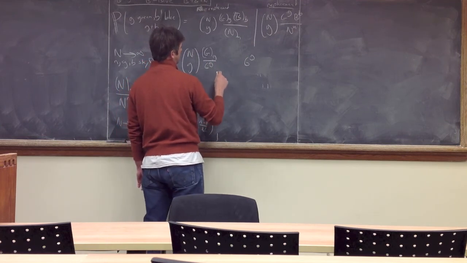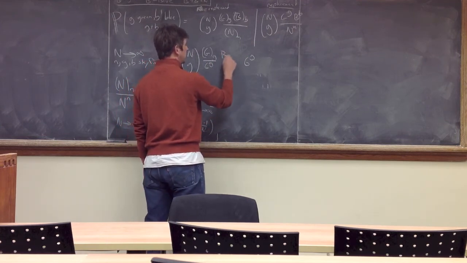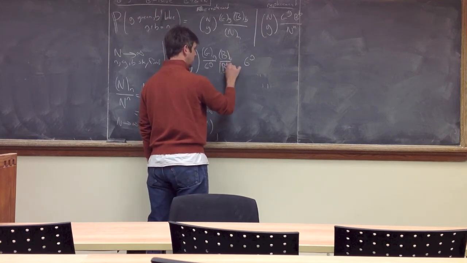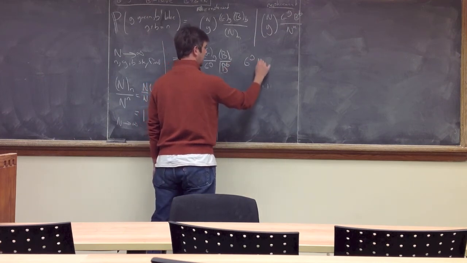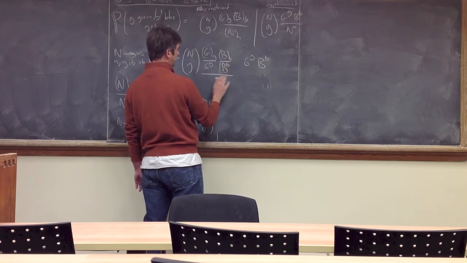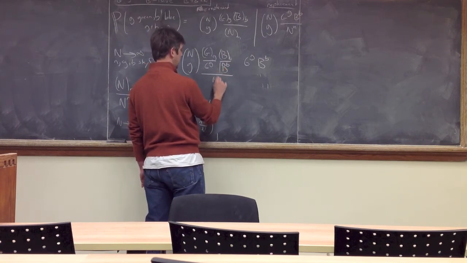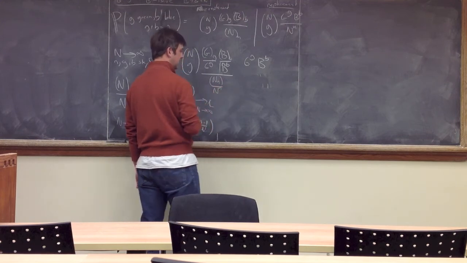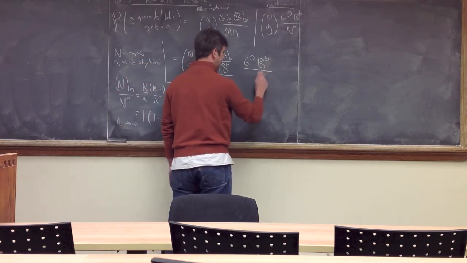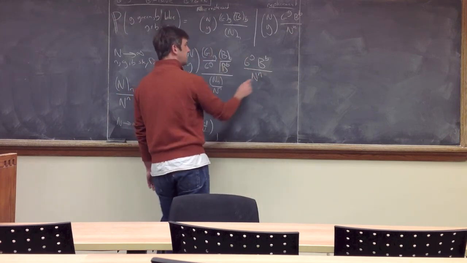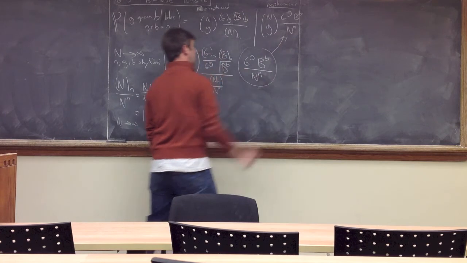And now I have a factor B to the b over B raised to the bth power, and then to kill that I put a factor of B to the b here. And now I do the same thing down here. I put an N to the n, but I divide it by N to the n, like that. And now if you think about flipping that up, that ends up in the denominator down here as N to the n. So this is exactly what I have for the binomial.